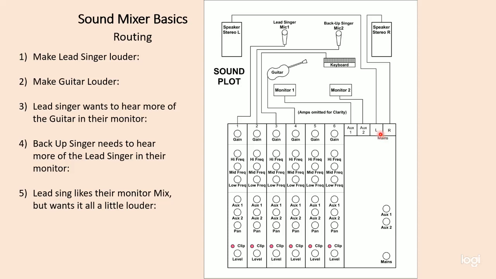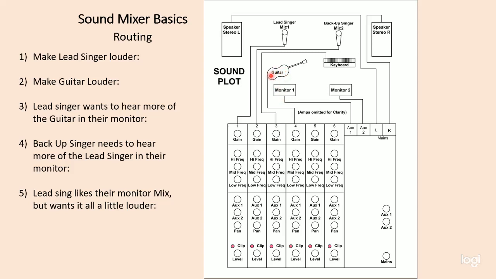Now, when we get into monitors, if the lead singer wants to hear more of the guitar in their monitor, and in this example, we're sort of assuming that the lead singer is the guitar player, the backup singer is the keyboard player, we can see our monitor for our lead singer and guitar player is monitor 1, is connected to auxiliary 1, right? So now the lead singer wants to hear more of the guitar, right?